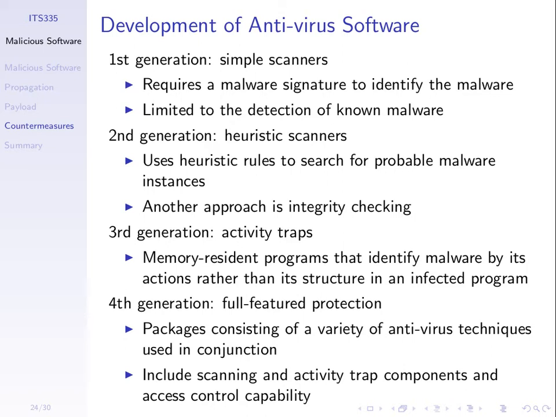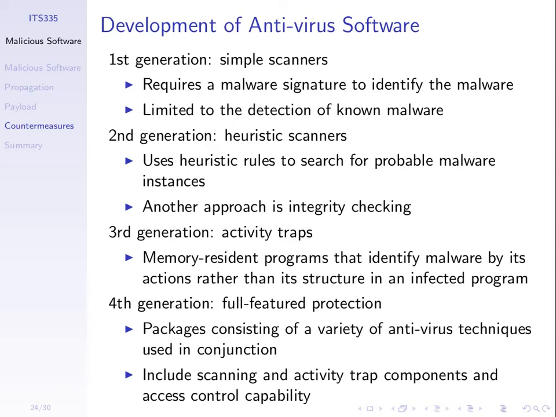So how does antivirus software detect and identify malware? And when we say antivirus software, it doesn't just apply to viruses. It may apply to all types of malicious software, but the common name is antivirus. And this goes through the improvements over time, so first generation through to fourth generation.